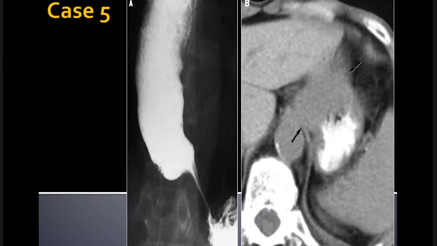I can see that there is a well-defined but ill-marginated sort of infiltrating hypodense mass at the level of the gastroesophageal junction, and the margins are ill-defined, and they are sort of infiltrating into surrounding structures. So this mass appears to be an aggressive-looking mass, not that typical of achalasia.